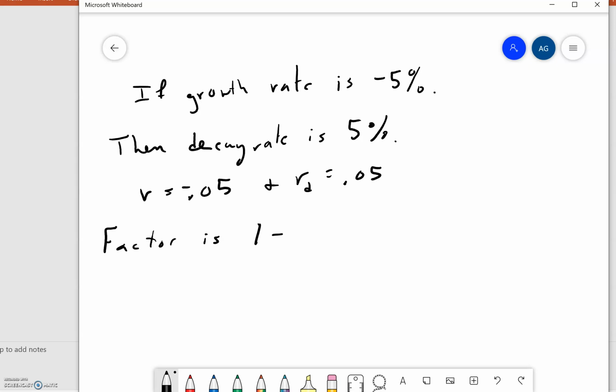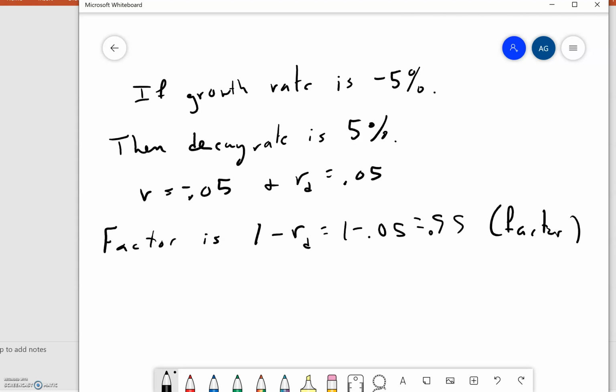I could write this as 1 minus r_d, which would be 1 minus 0.05, which is 0.95. That's my factor.